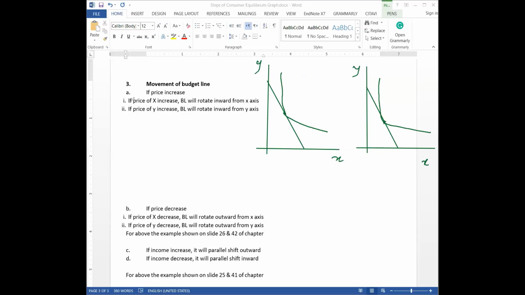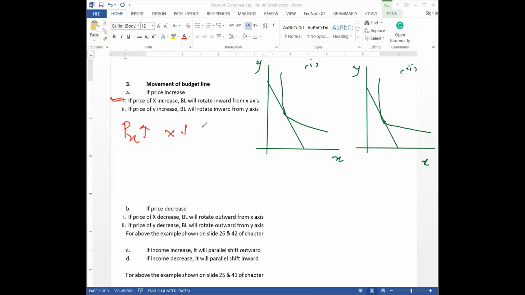So this is the base. Point 1 and point 2. First is that there is an increase in price of X. What will happen? Let's change the color. In the red color, we are talking about this point 1. There's an increase in price of X. If X is expensive, we will buy less of X because X is now expensive.